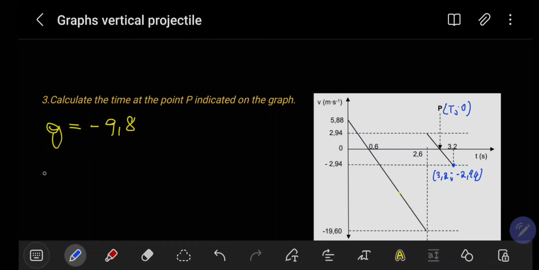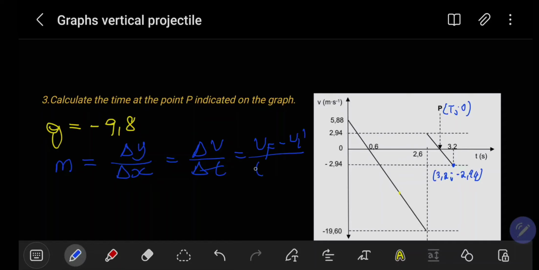So we know that when we calculate the gradient, we say that gradient is equal to change in y over change in x. But in this case, we're having change in v over change in time. Then this is equal to v final minus v initial divided by t final minus t initial. Then we have our gradient value, which is negative 9.8, which is equal to the final velocity.